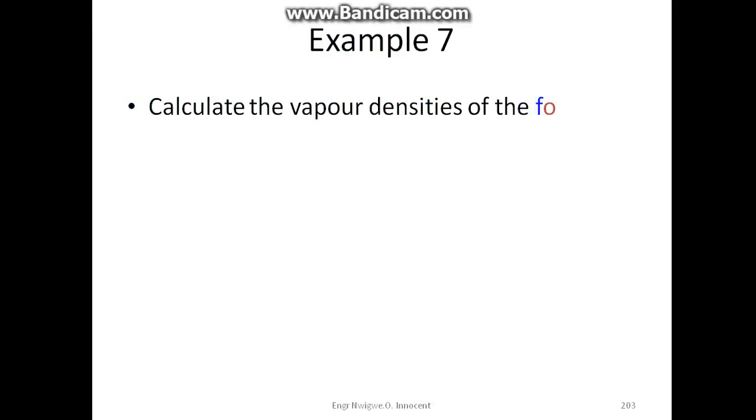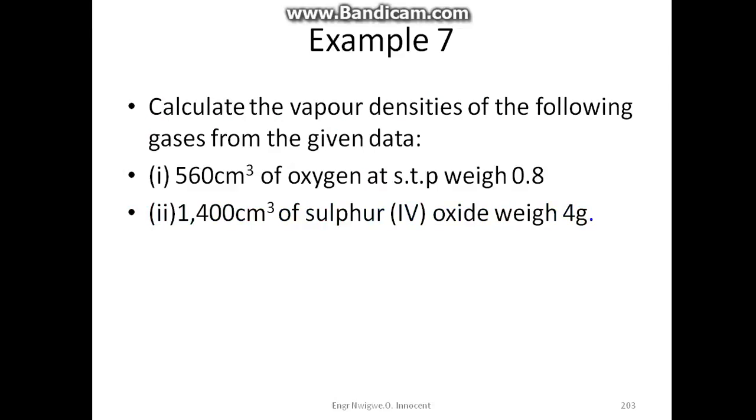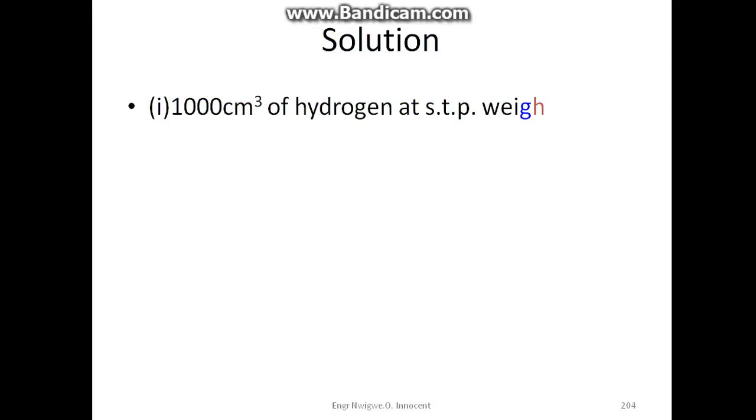Example 7. Calculate the vapor densities of the following gases from the given data. 1. 560 cm cube of oxygen at STP weighs 0.8 gram. 2. 1400 cm cube of sulfur tetraoxide weighs 4 gram. Solution. 1000 cm cube of hydrogen at STP weighs 0.09 gram.